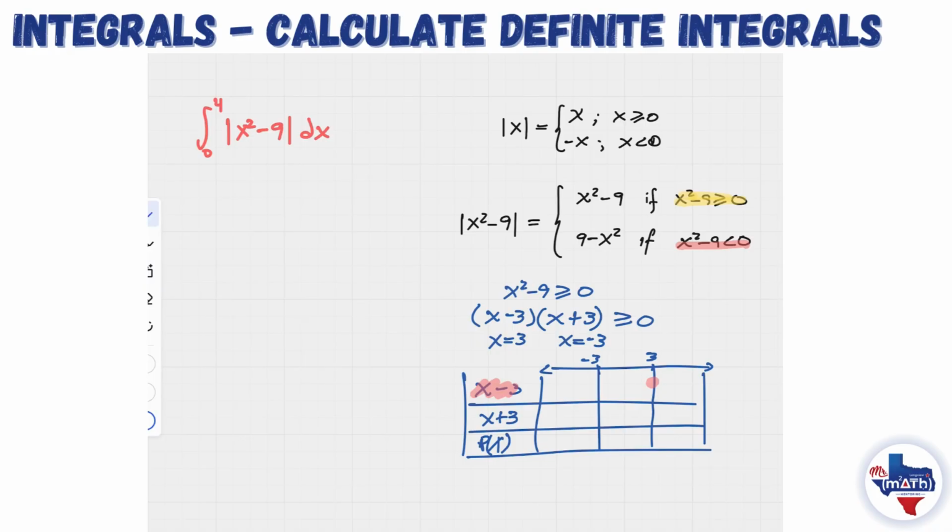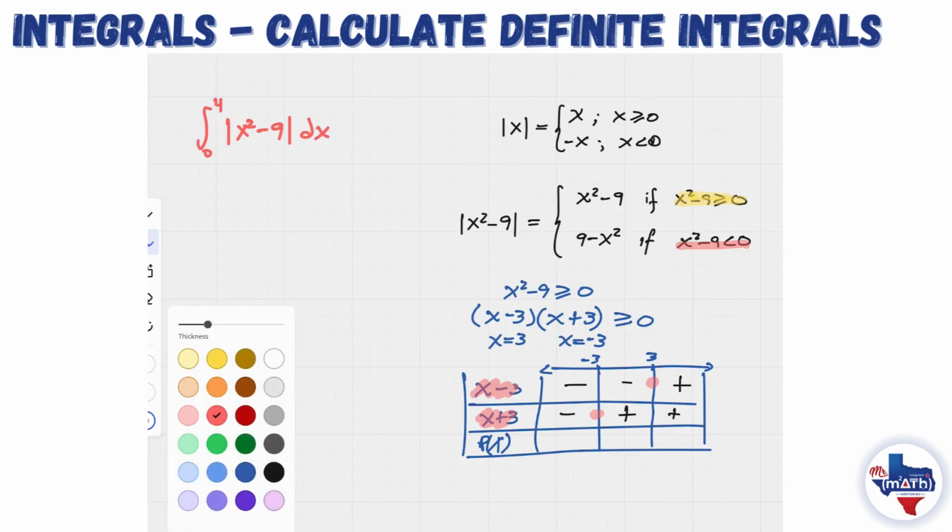So to the right of 3 we'll have positive values, to the left we'll have negative values. Now the value that will make 0 this expression is negative 3. To the right of it we'll have positive values, to the left we'll have negative values.